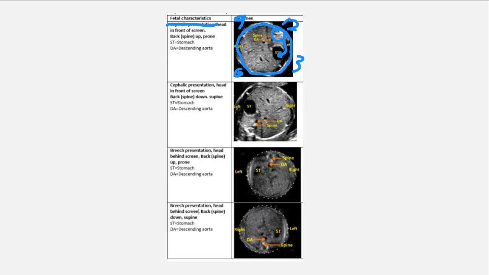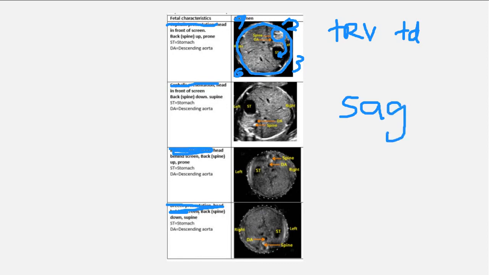So if this picture was taken with a transverse transducer, let's say this, we're going to just take all that out and make up our own scenarios for these. We'll say the second one was a sag, and then we'll say another transverse and sag.